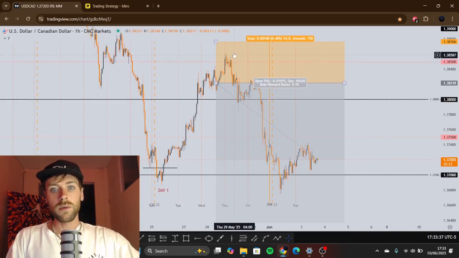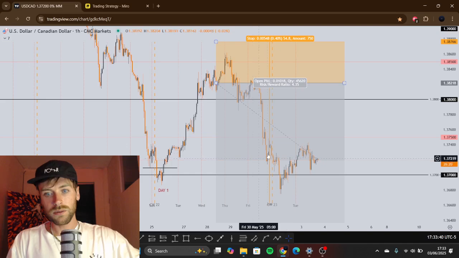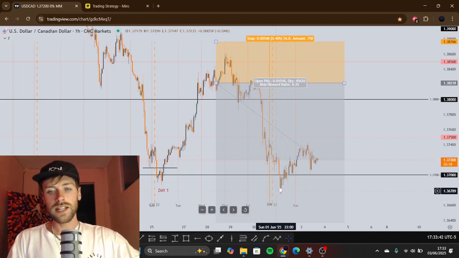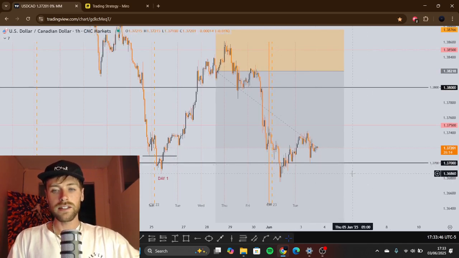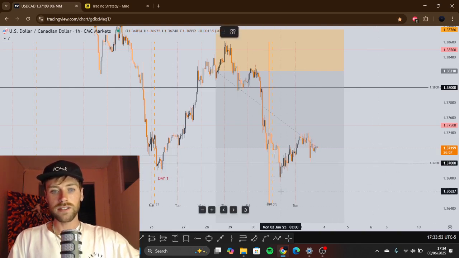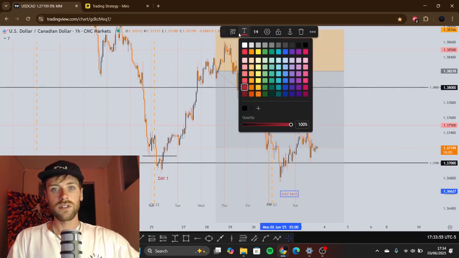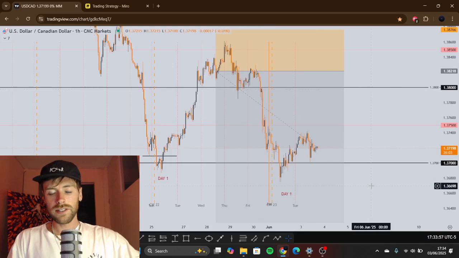So here we've had day one, day two, day three. So this is now day three short. If I wasn't fundamentally short on the dollar, this would be marking out your false break, this is day one.